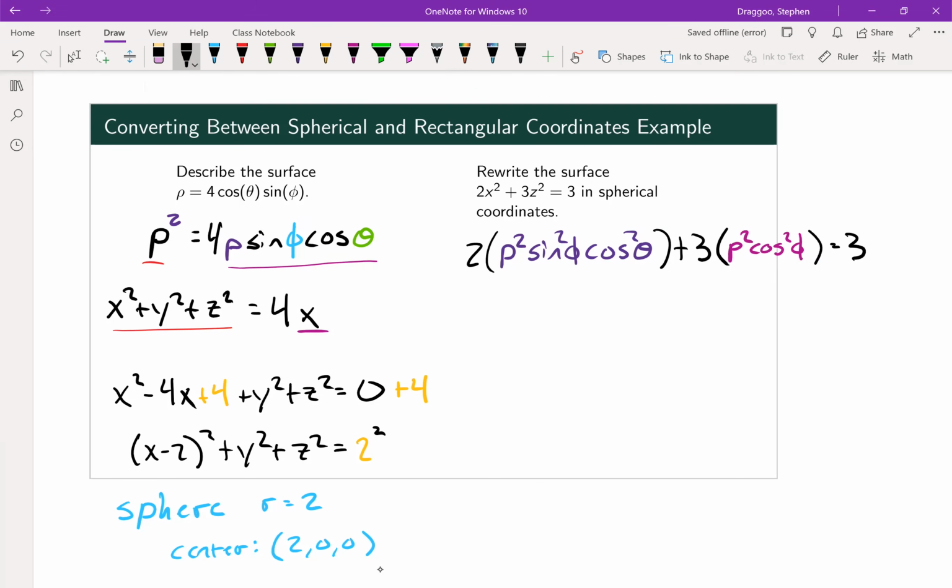And we'll see if there's any simplification to be done here, but it doesn't really look like it. Well, it looks like we can at least factor a rho squared out of everything, leaving 2 sine squared phi cosine squared theta, color-coded again so we can keep our angles straight, plus 3 cosine squared phi equals 3.